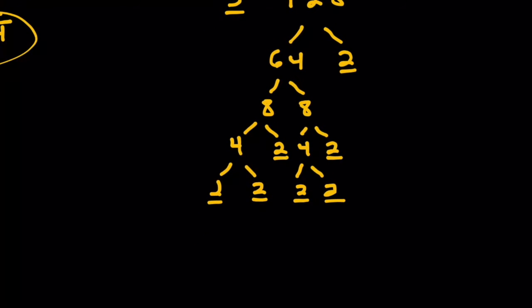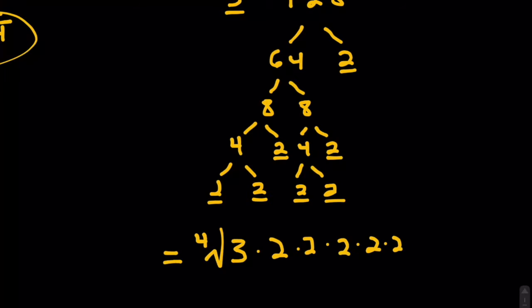Alright, here we go. So, we're going to rewrite our radical as the product of all these prime factors. We have the 4th root of 3 times 2 times 2 times 2 times 2 times 2 times 2 times 2. Can't forget those x's. Closest factor is x to the 8th times x to the 3rd.